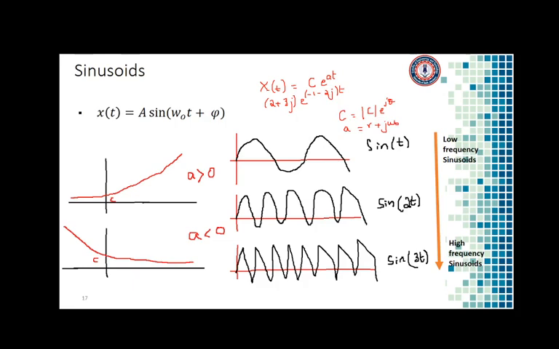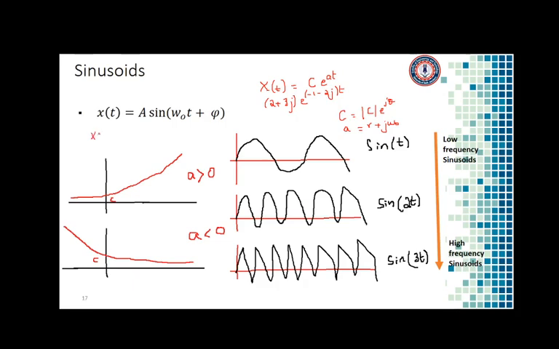Now how would I work this out? Then I would say that x of t is the polar version of c times e to the Cartesian part of a times t. Let me write it here.